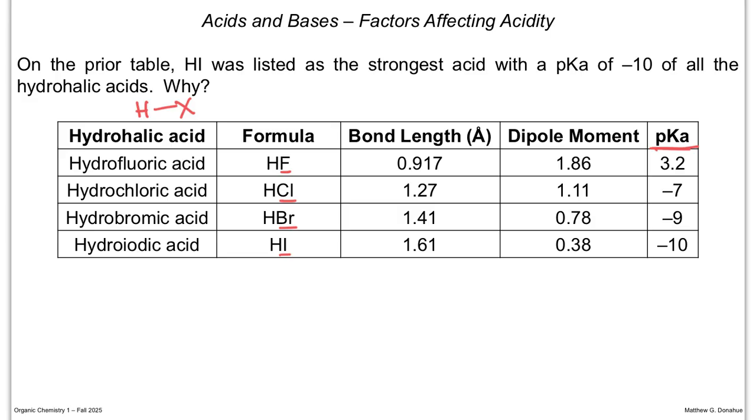And then the other thing about the X minus that's formed, because that atomic radii increases, I like to think of I minus as big and squishy. And so there's this other term called polarizability. And that's just the ability of that anion to accept those electrons and be happy about it.